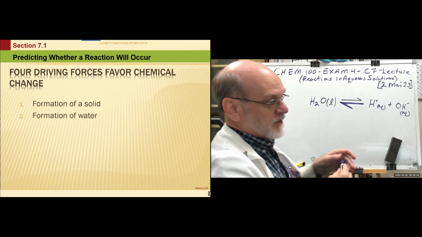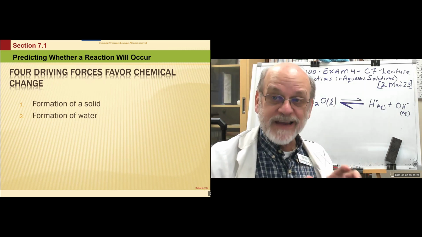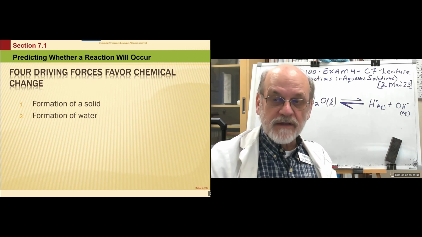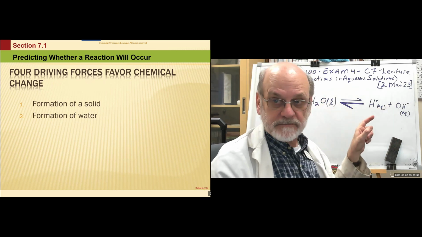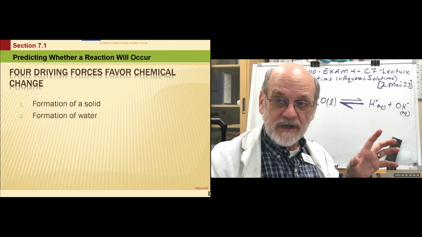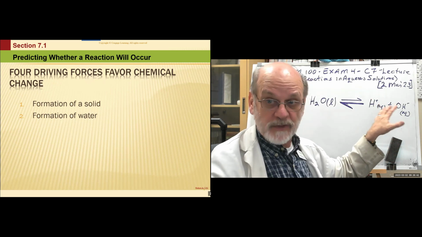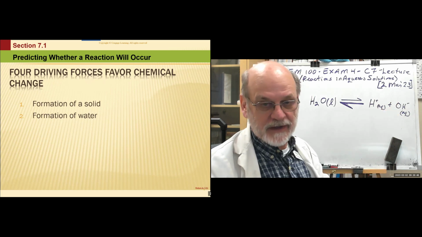So if in the reaction you have available hydrogen ions and hydroxyl ions, they will associate like this and make water. And if they do, they effectively remove those ions from the environment and drive the reaction toward producing water.